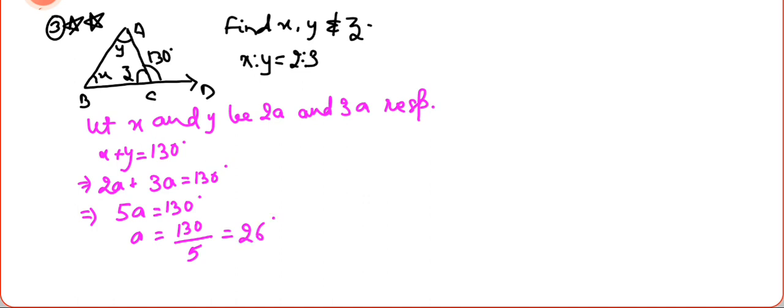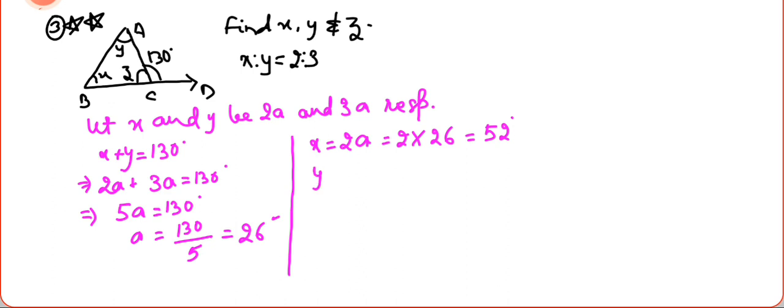Okay, so A is equal to 26 now. Now, we have considered X is equal to twice of A, which can be written as 2 multiplied by 26, which is equal to 52 degree. And Y is equal to thrice of A, which can be written as 3 multiplied by 26, which is equal to 78 degree.